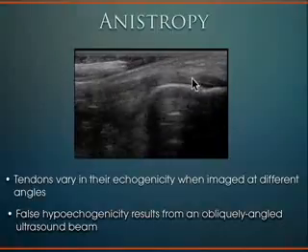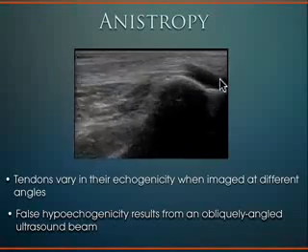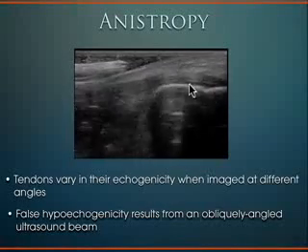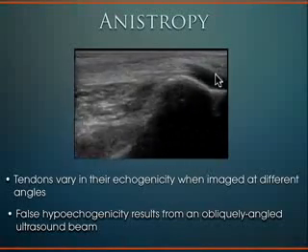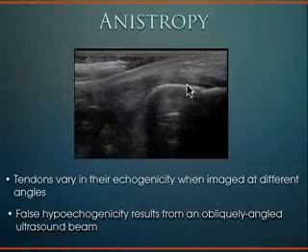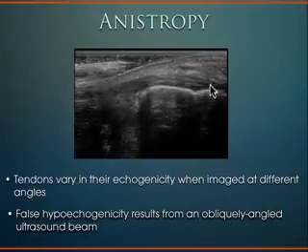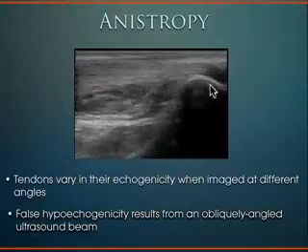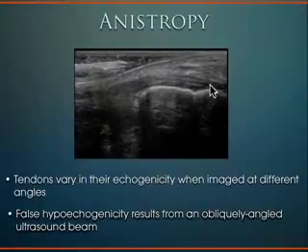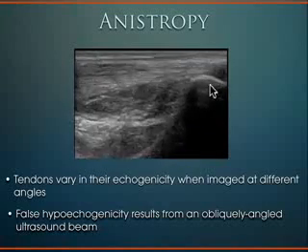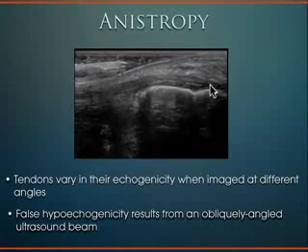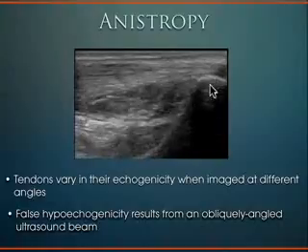And as you do that, look at this area here: it goes black, but then it comes back into view with that fibular pattern, goes black, and then comes into view with the normal fibular pattern. So if you paused it right at that moment where it's black, you would say, oh my gosh, there's a complete tendon tear, and there's fluid there, but it's actually just anisotropy. With just little subtle adjustments, you can see that there's normal tendon tissue there.